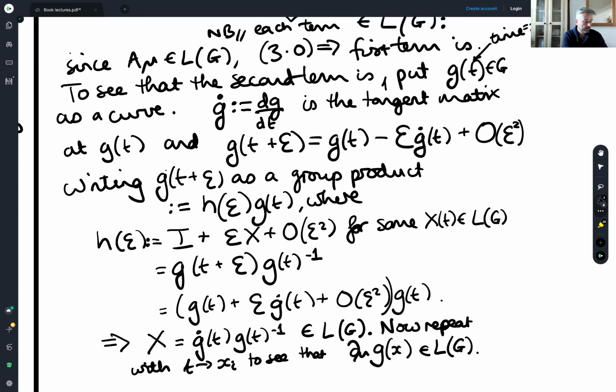Okay, good. So that means the second term, d mu g, is in the Lie algebra of G.